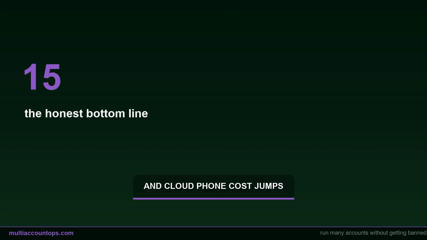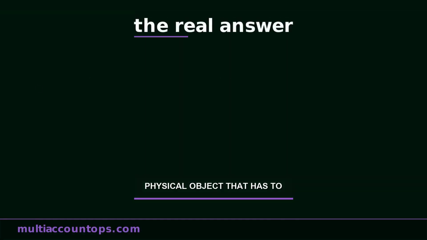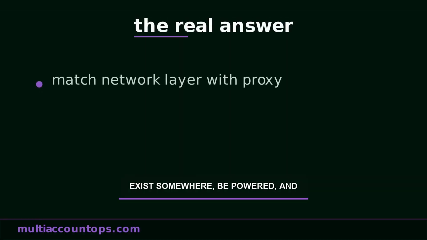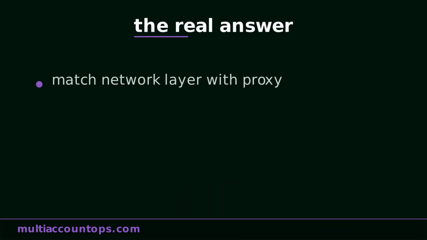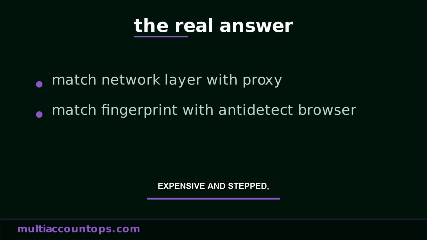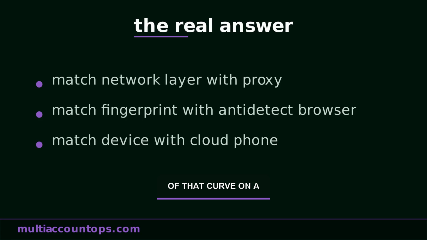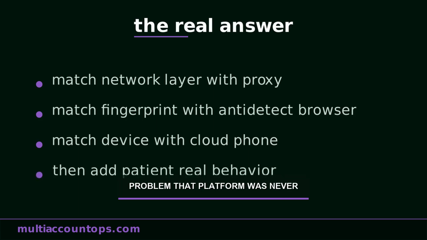And cloud phone cost jumps up a full tier because you're now paying for a physical object that has to exist somewhere, be powered, and be maintained. That shape, cheap and linear, moderate and gentle, expensive and stepped, tracks the authenticity each tool provides almost exactly, and spending at the top of that curve on a platform that only ever checks the network layer is money spent solving a problem that platform was never going to ask about in the first place.